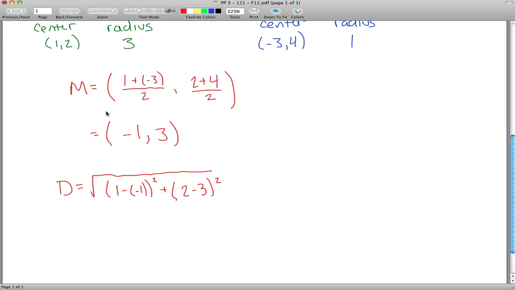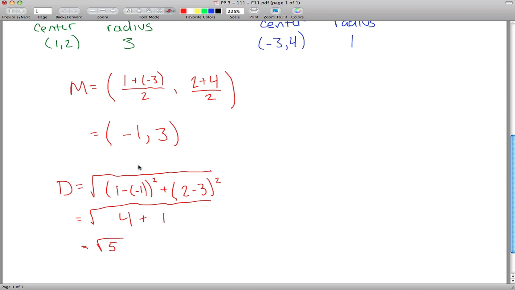So that is the square root of, let's see, 1 minus -1 is 2, 2 squared is 4. 2 minus 3 is -1, squared is +1. So the distance between this midpoint and either center is the square root of 5.